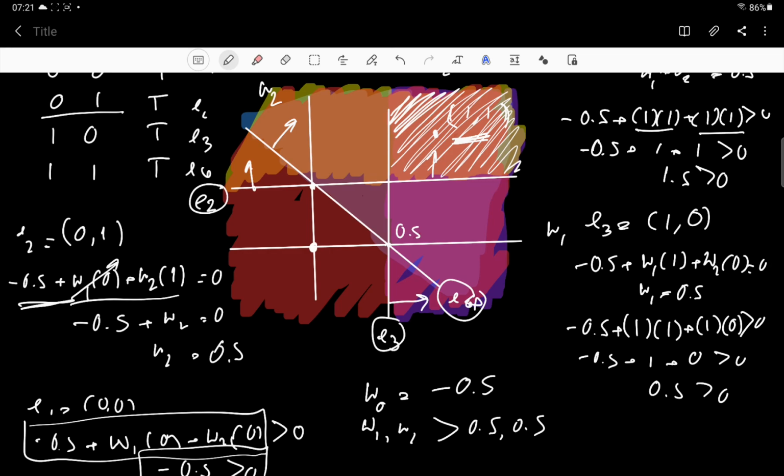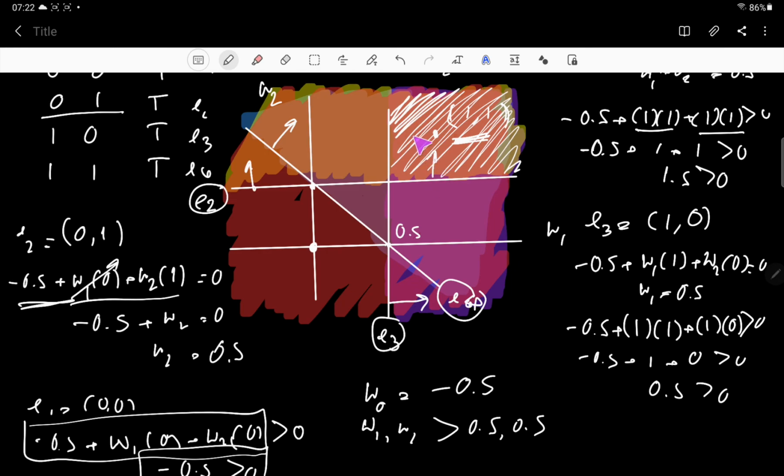You can pick 1 and 1, 2 and 2, 3 and 3, 4 and 4, or 3, 5, 4, 5, any values in this area.